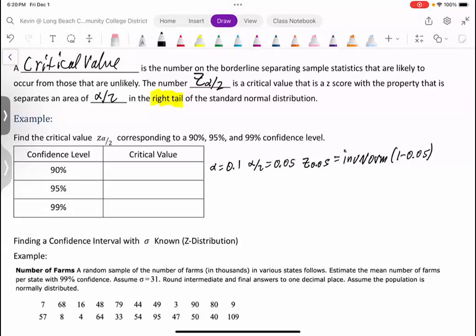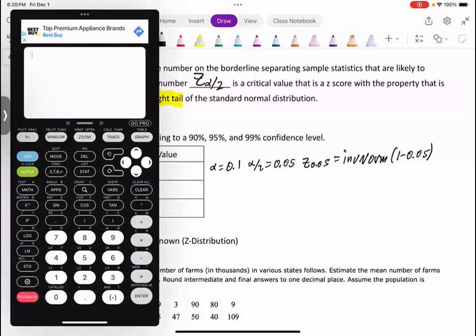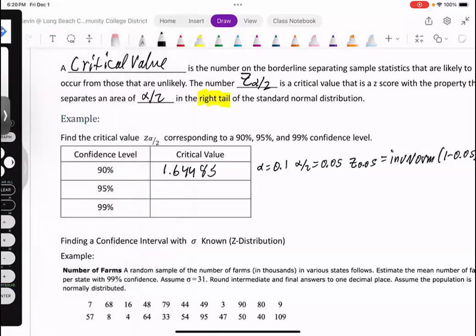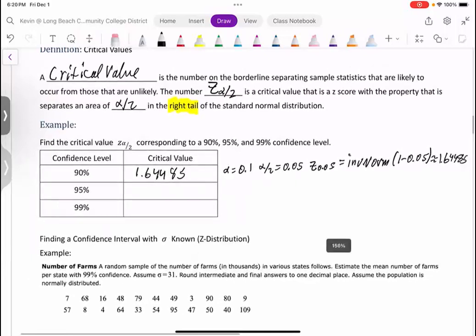And remember, inverse norm only knows area to the left. So let's get into our distribution. Inverse norm, 1 minus 0.05. So this is about 1.64485. And we'll continue with this.